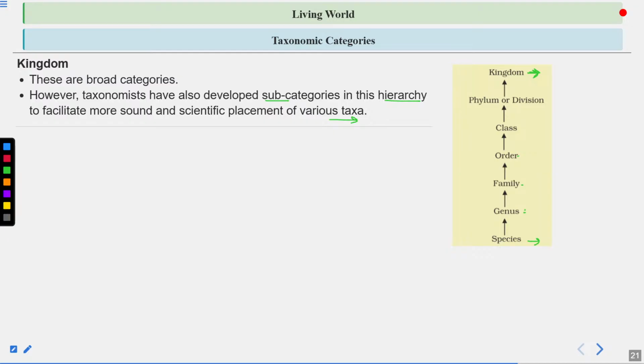Species is quite specific. At the kingdom level, the members of this category will share very less similar characteristics. For example, kingdom Animalia includes all the animals. These animals are grouped on the basis of multicellularity. They all are multicellular. That's why they are placed in one group.